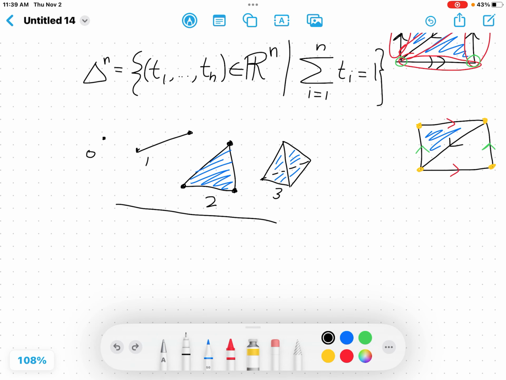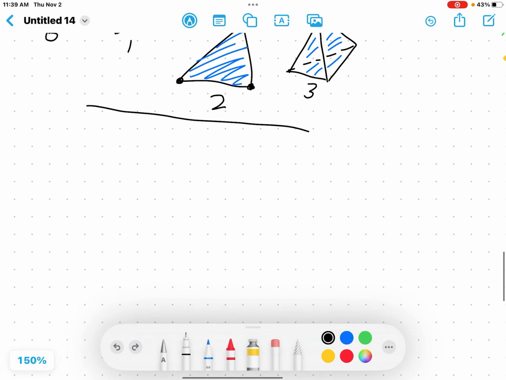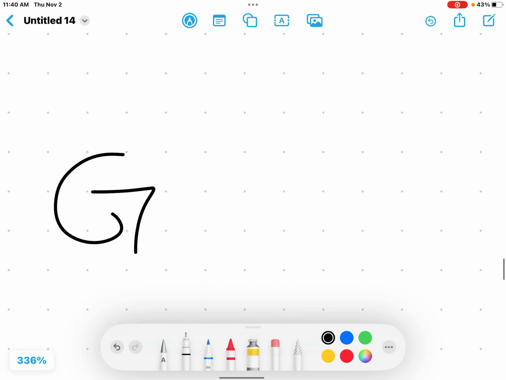So once we identify the 1 simplices, the 2 simplices, or the 3 simplices inside the space, what we want to do next is find a way to associate it with a given algebraic structure. This is called the coefficient group. So G, we call it G, the coefficient group.